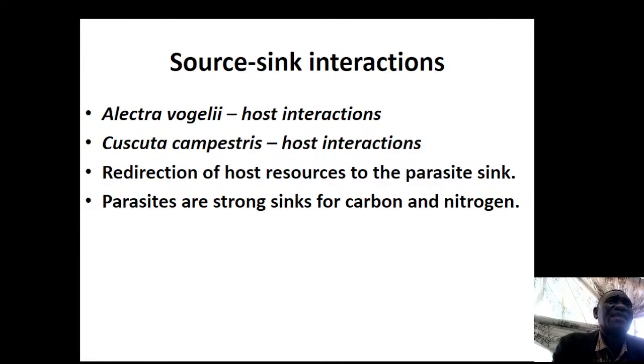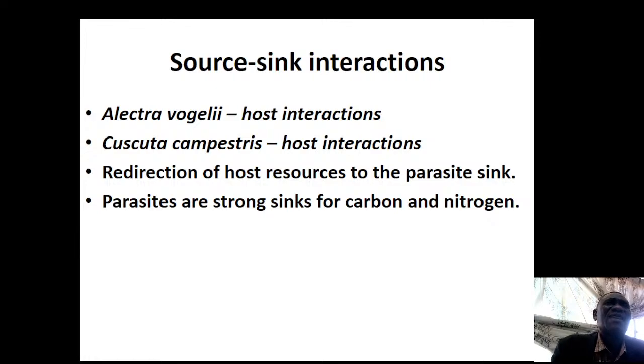Now, as far as Alectra vogelii is concerned, also Cuscuta campestris, the host is affected because of redirection of the carbohydrates.